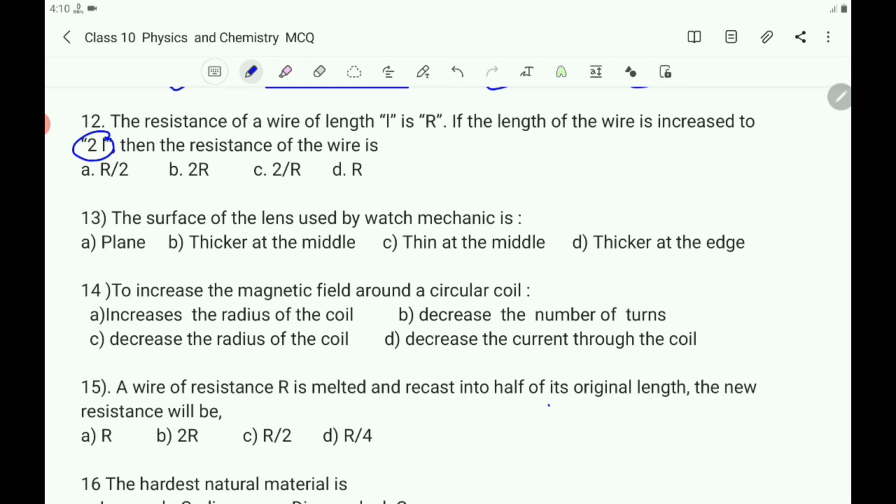Originally the length of the wire was L and its resistance is R, and here the length of the wire is increased. As it is increased, it becomes 2L. So what will be the resistance? The resistance becomes double, that is 2R.